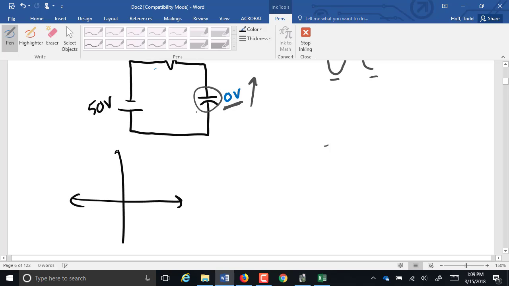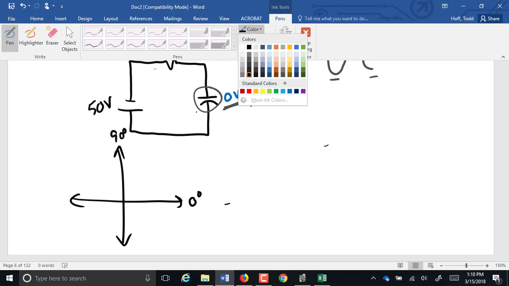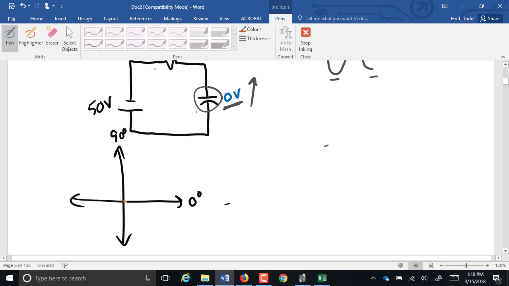So it's called a phase diagram. From that circle, if we take the circle out and just use the axes, this is 0 degrees, this is 90 degrees. Well, the voltage on the resistor will peak at 0 degrees, or if we call it 0 degrees. That's the voltage on the resistor.